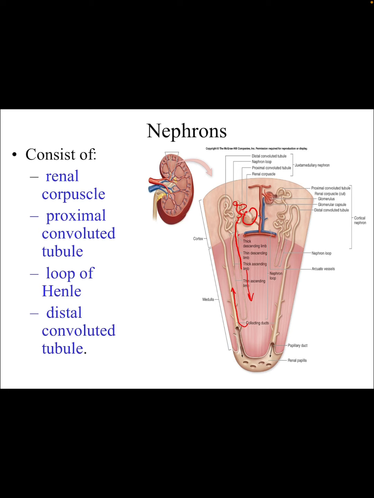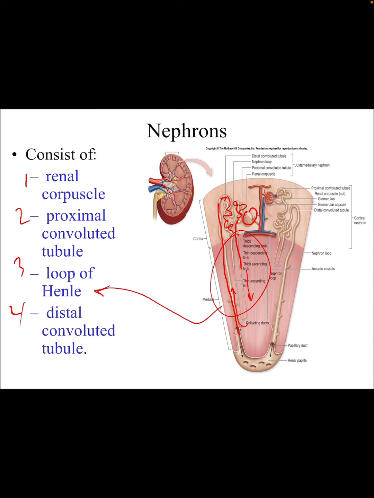This we call the loop of Henle. And the last portion, this one here, we call the distal convoluted tubule. This distal convoluted tubule is going to open into the collecting duct. So these structures, 1, 2, 3, 4, are all structures of the nephron.